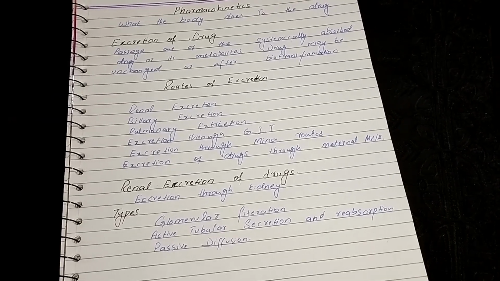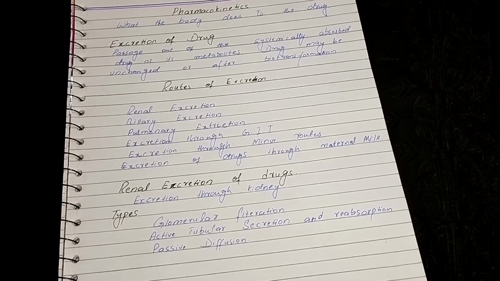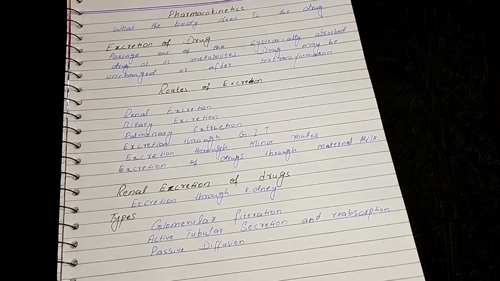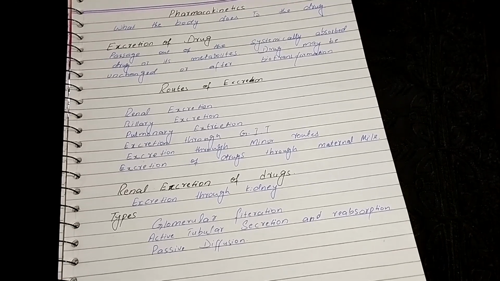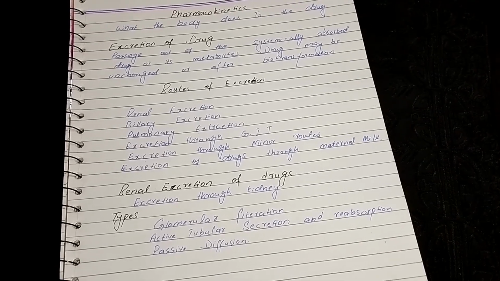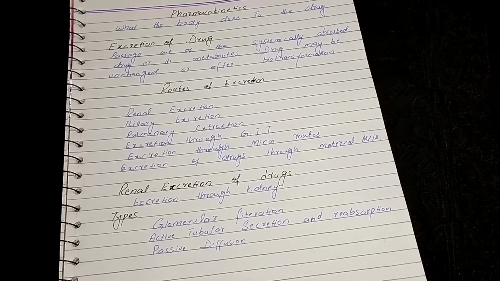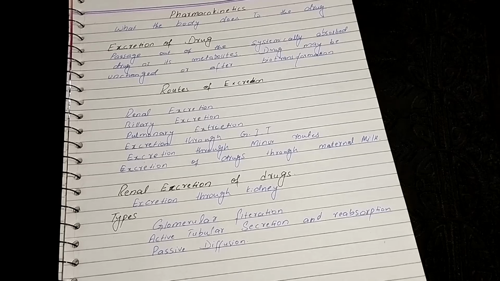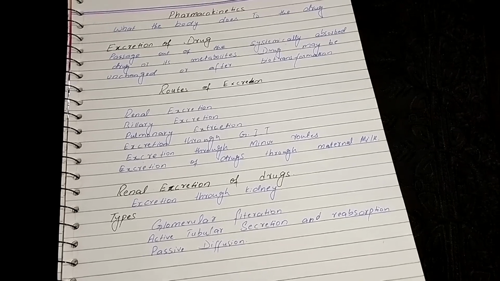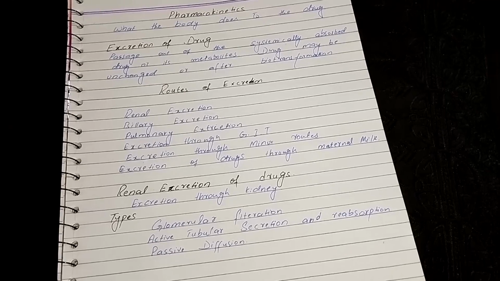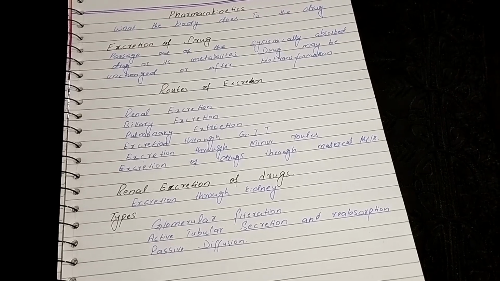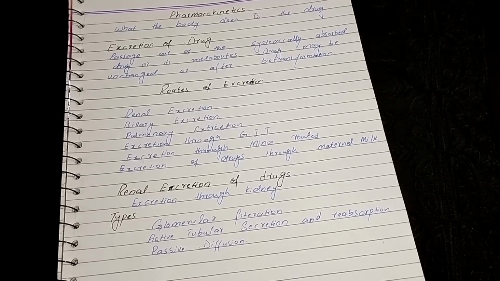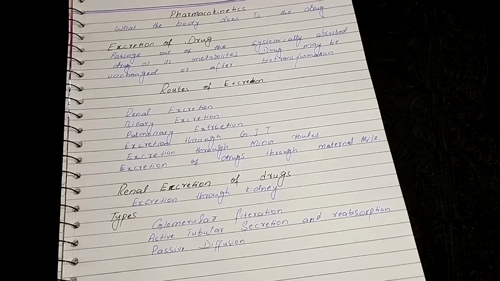For example, tranquilizers, that is diazepam and lorazepam, and barbiturates, that is phenobarbital, cannot pass through the glomerular membrane because their molecular weight is greater than 500 atomic mass units. Second, large protein drug-bound molecules are unable to pass through the pores of the glomerular membrane, as protein binding reduces the availability of drug at the glomerular level.